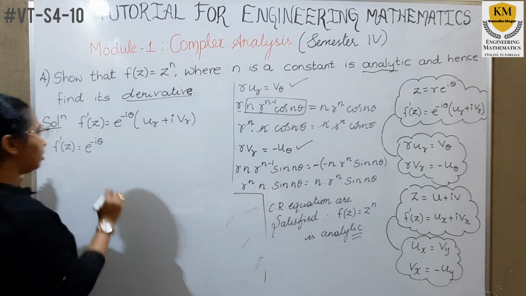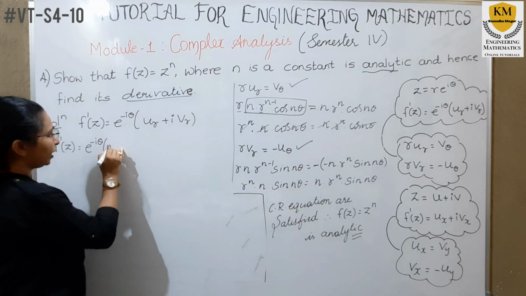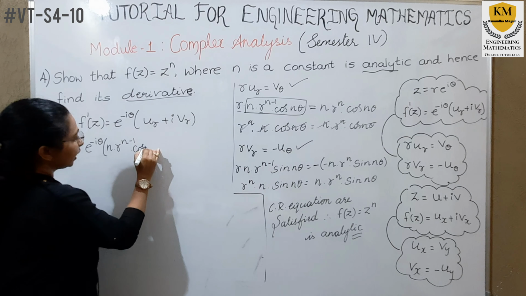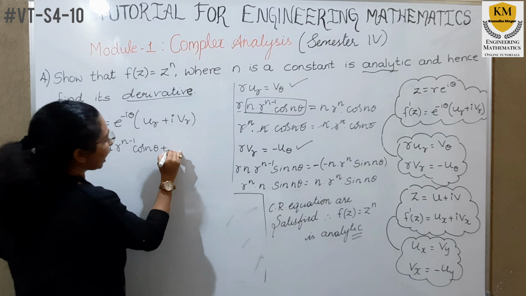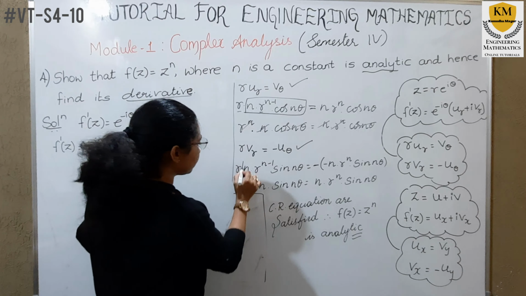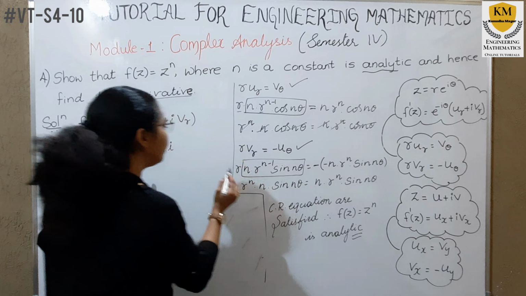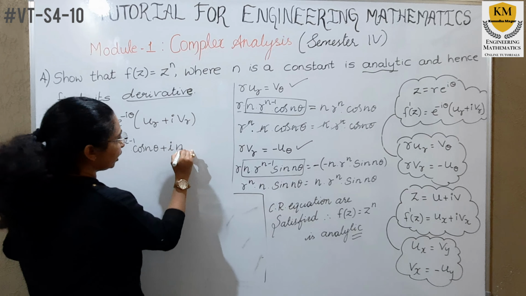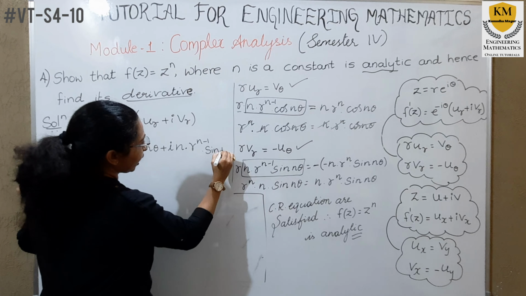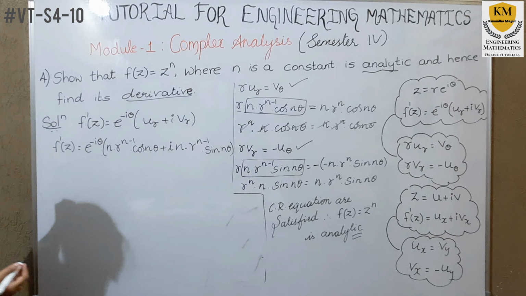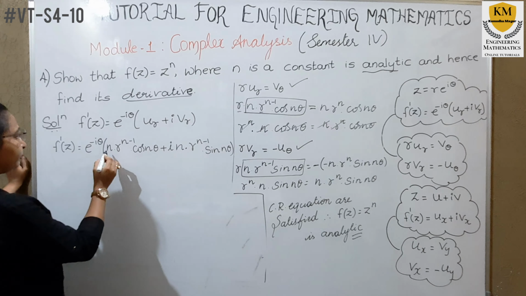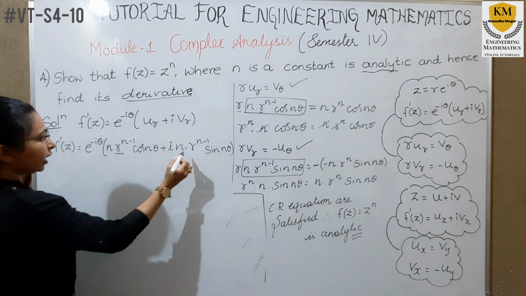This is called ur. So ur, I'll just write it as n into r to the power of n minus 1 into cos n theta plus i, I will write as it is. What is Vr? Vr, yes, this is called Vr. Here I have written Vr. You can write this as n into r to the power of n minus 1 into sin n theta. Let me close this, okay? Now you can observe over here, let me take out r to the power of n minus 1.